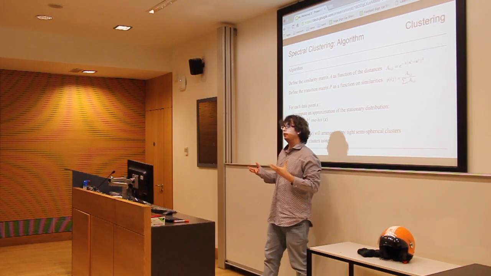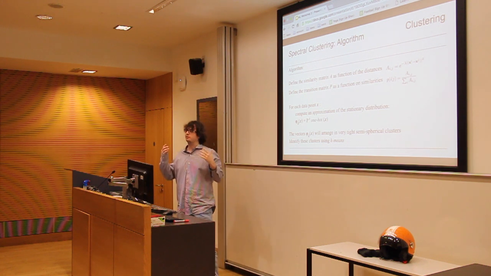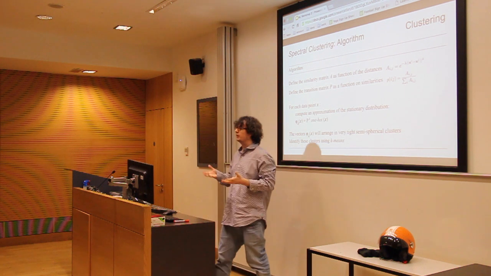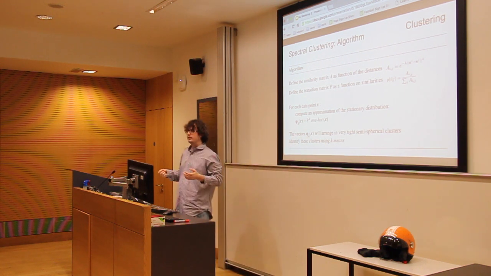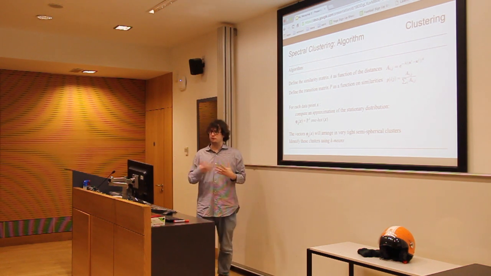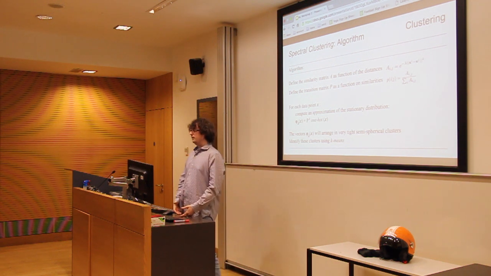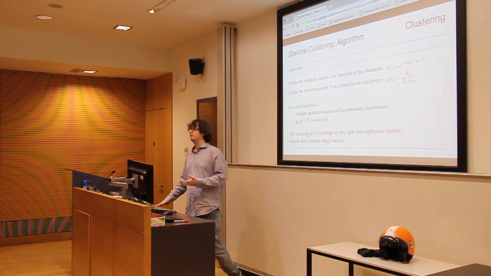This gives you a better representation because you have a new dataset, which is also a collection of vectors, but in which points in the same connected component are actually close to each other in the usual sum of squared distance, and points in non-connected components are actually far. So you have changed your representation of the data, and now it's data which you can easily cluster, for example, using k-means.